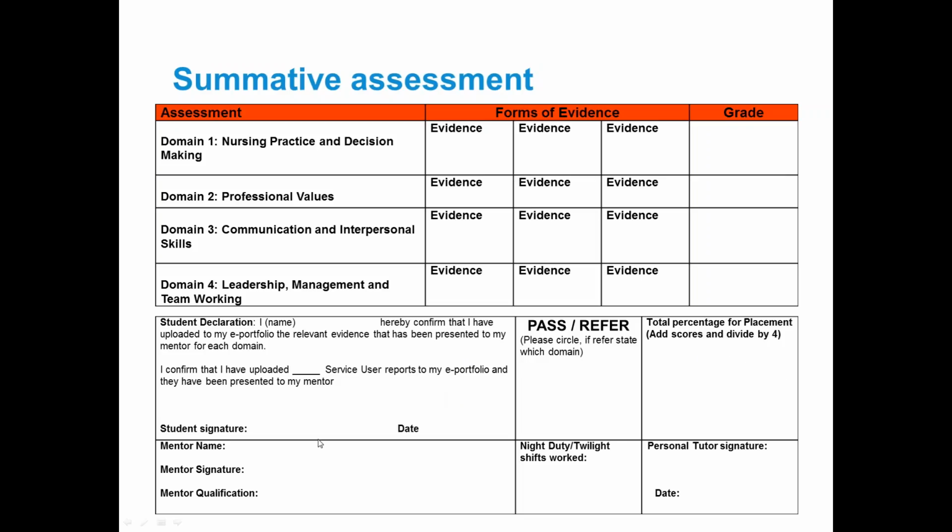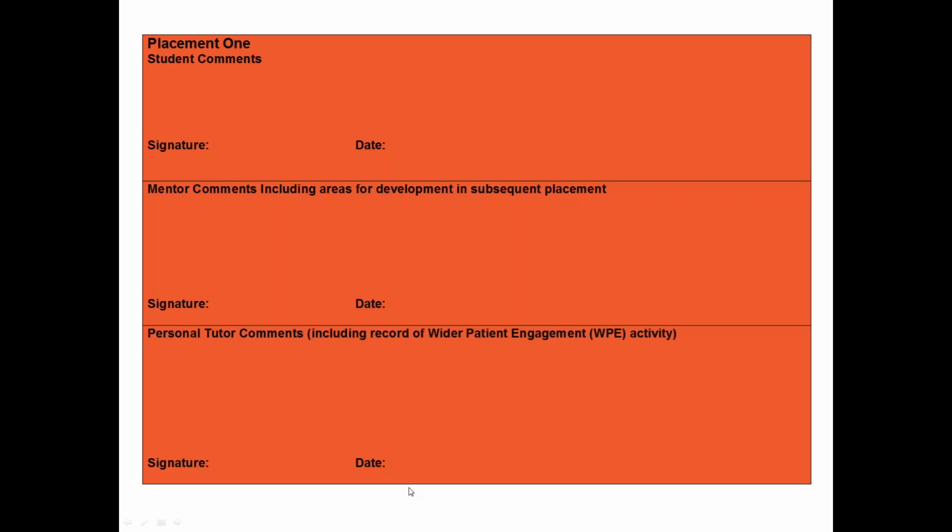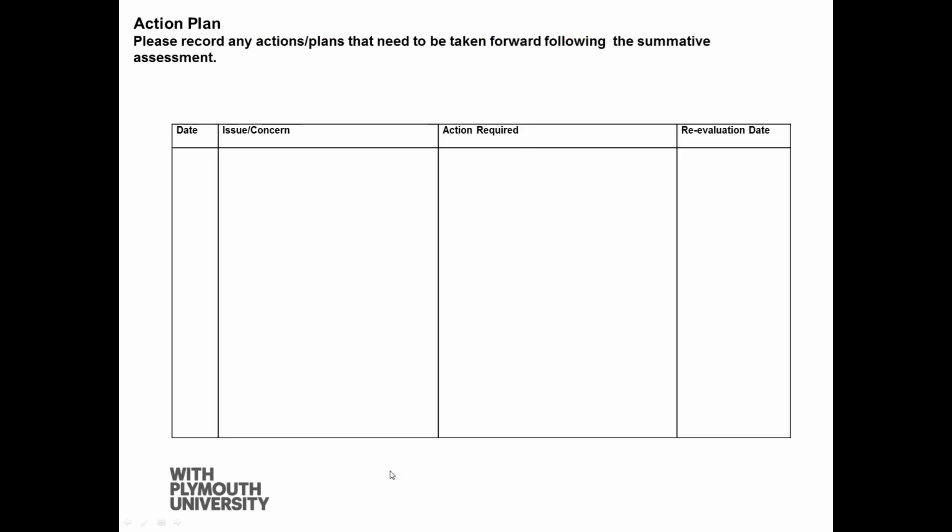Your personal tutor will see this and they will sign. Your mentor needs to sign, and this is just a record of your night duty. You are invited to provide comments, mentors' comments, and personal tutors' comments. If you need to take anything forward, then the action plan can be completed, ready for you to go into your next placement.